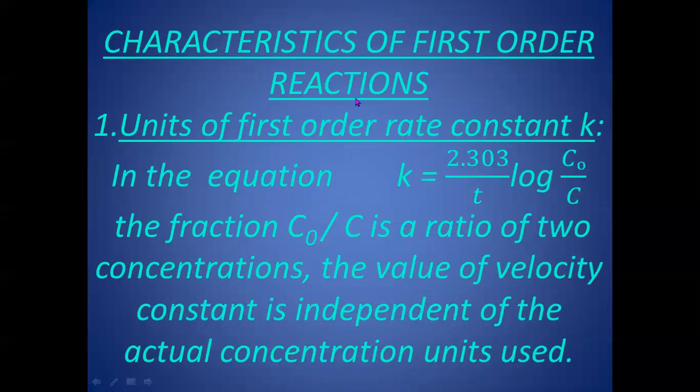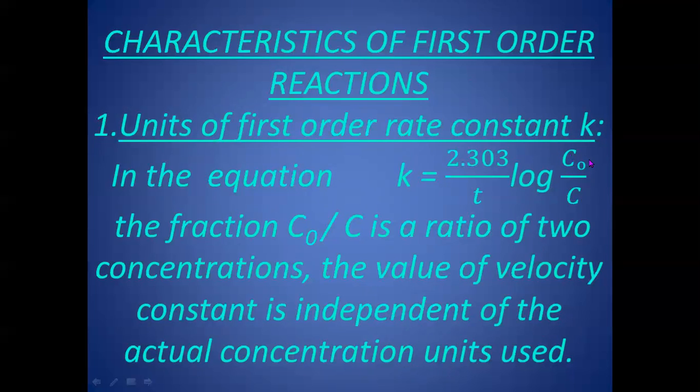Now, the characteristics of first order reaction. First, let us consider the units of the rate constant K. Now, K is equal to 2.303 by t log C0 by C. Here, both C0 and C represent concentration: concentration in the beginning, or initial concentration, and concentration at a particular time. So, the units will get cancelled. Moles per liter is the unit of concentration.